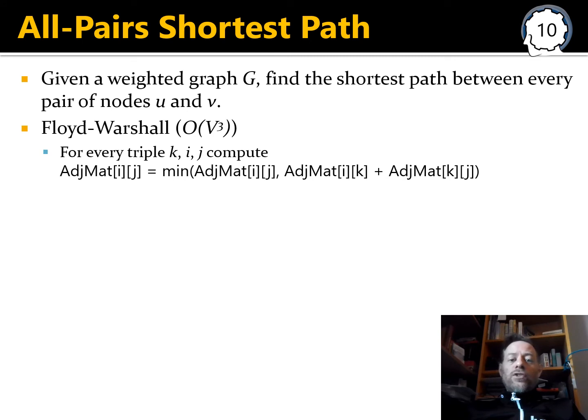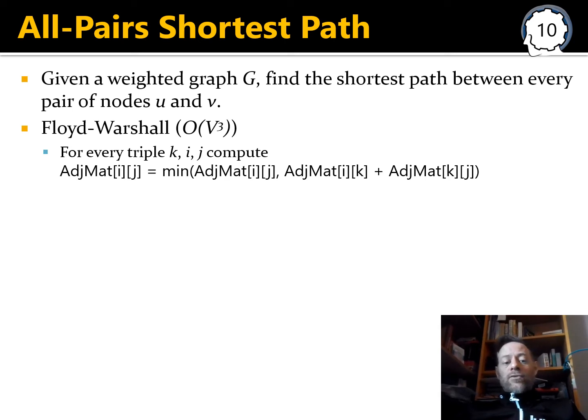So here we would use an extremely elegant and extremely short algorithm, namely the Floyd-Warshall algorithm for computing all pairs shortest paths. It is basically three nested loops.